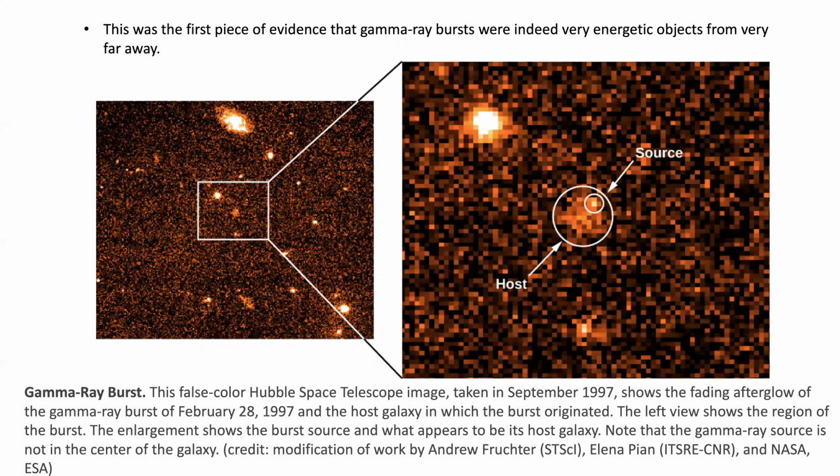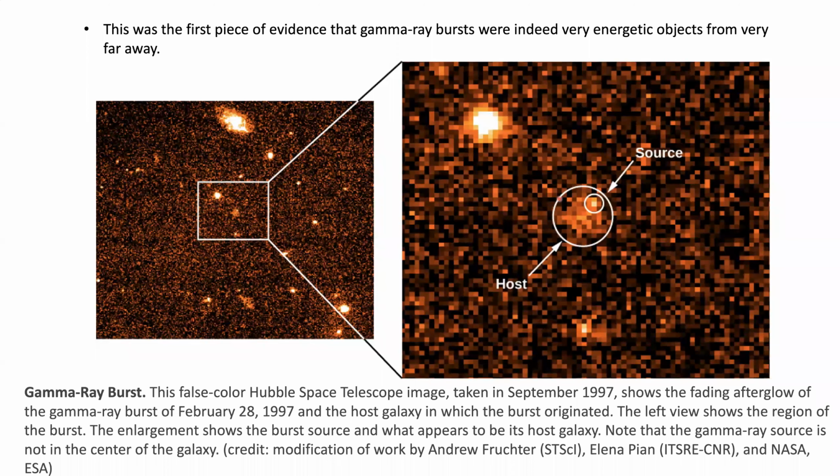Now here is an example of a gamma ray burst that was detected in 1997. These are false color images, by the way. The image on the left-hand side shows a place where you had a gamma ray burst, and on the right-hand side, the same region is enlarged.